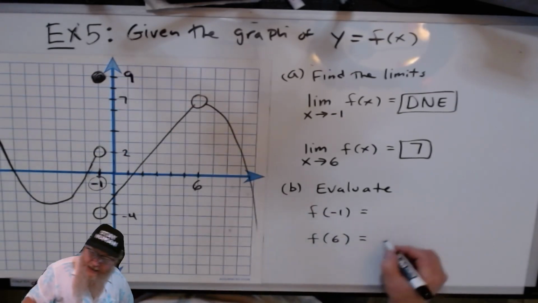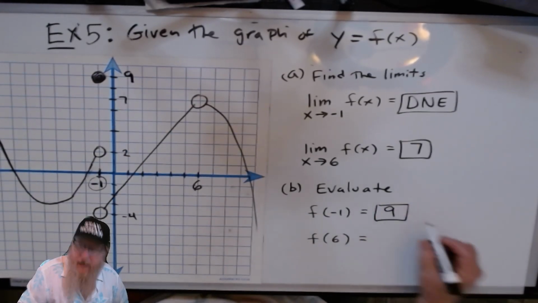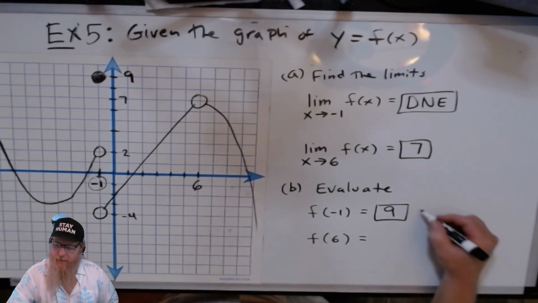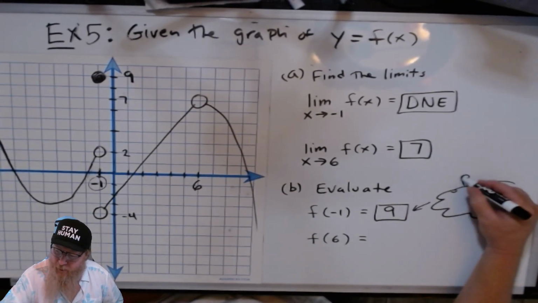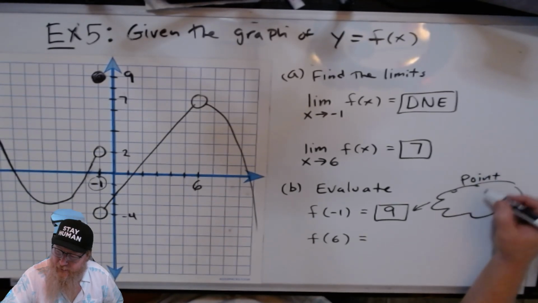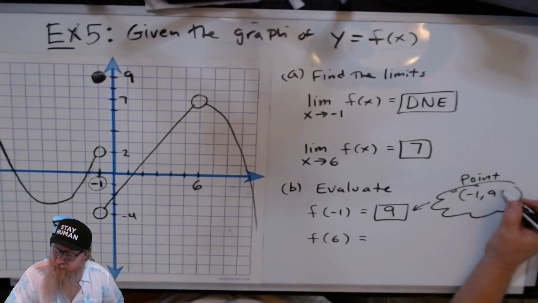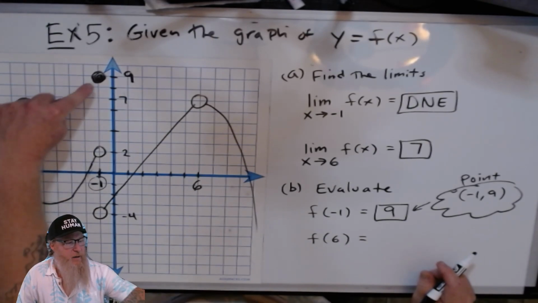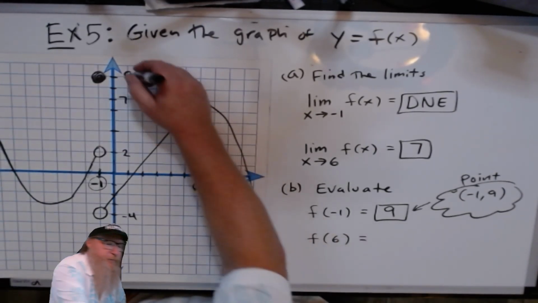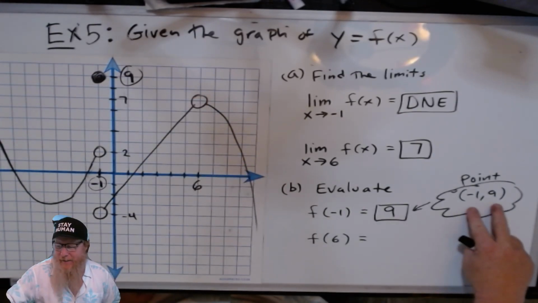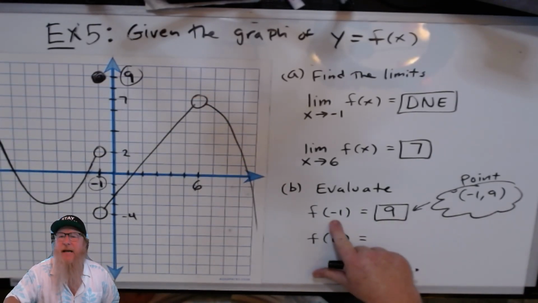Looks like 9, so that value will be 9. All right, and I'm just going to put a little cloud here. It's the point -1, 9. Yeah, that's the point on the graph here, -1, 9. Don't type that in this example, just type 9 because the -1's already there.